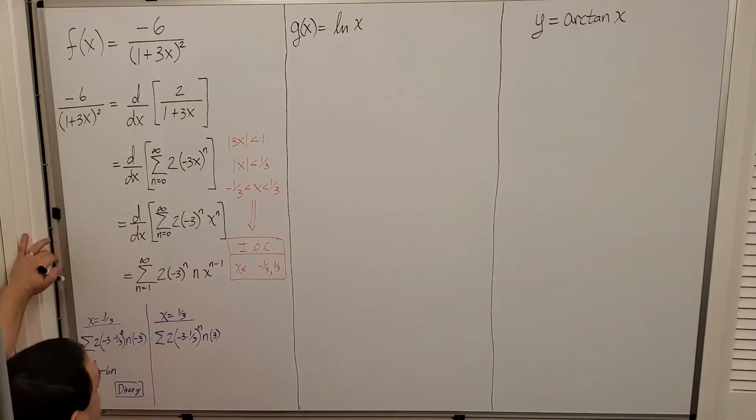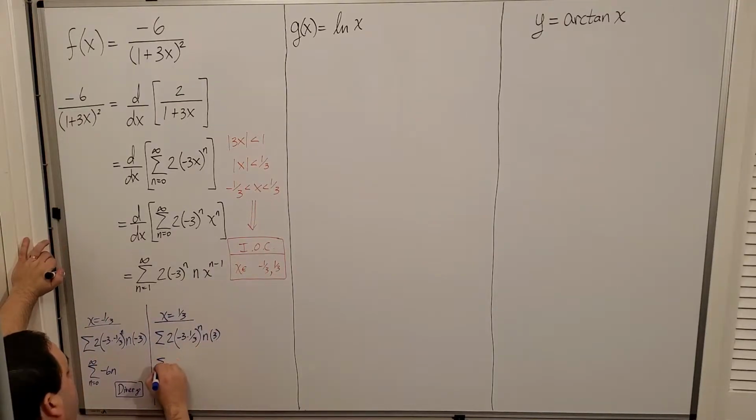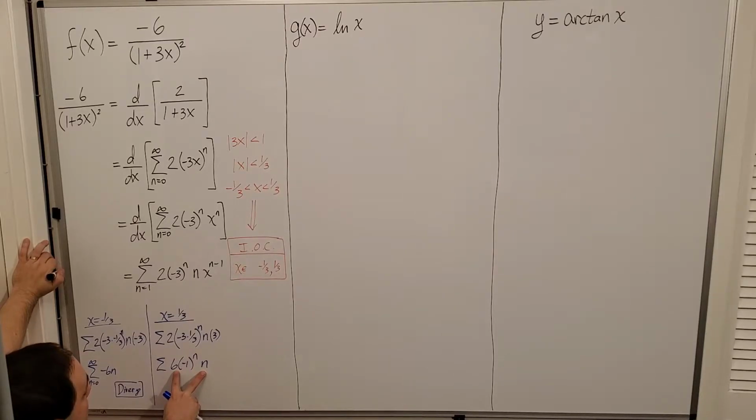Negative 3 and 1/3 are going to give me negative 1. So I have 2 times negative 1 to the n, and then actually it's 2 times 3, so it's 6, and then n, which is an alternating series. And by the alternating series test, I need to look at the limit as n goes to infinity, but that is going to go off to infinity, so this also diverges.